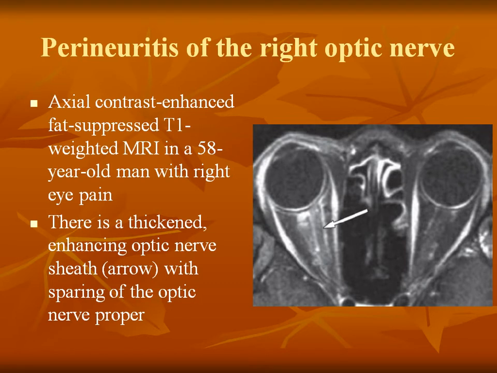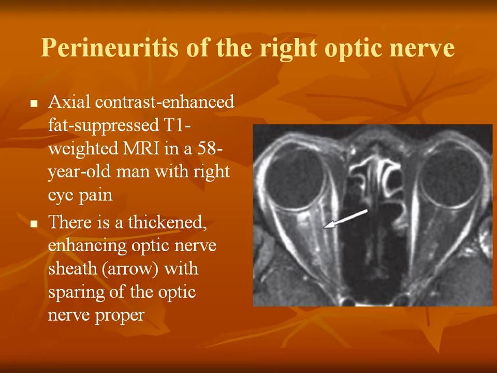Axial contrast enhanced fat suppressed T1 weighted MRI in a 58-year-old man. There is right eye pain. There is thick enhancing optic nerve sheath with sparing of the optic nerve proper. Here you should be careful in evaluating the imaging finding, to decide whether this is an optic nerve sheath abnormality or an optic nerve abnormality.